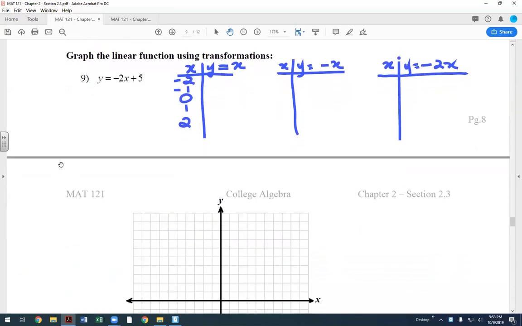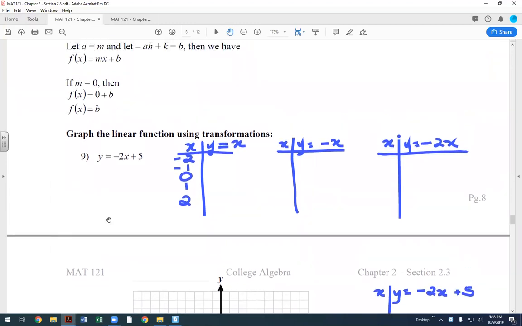So I'll create a table for it down here. We're starting out with the original base function. So what will my y values be here? It's just going to be the same number as the x's. Because remember, these are the identity functions, so they will be identical.